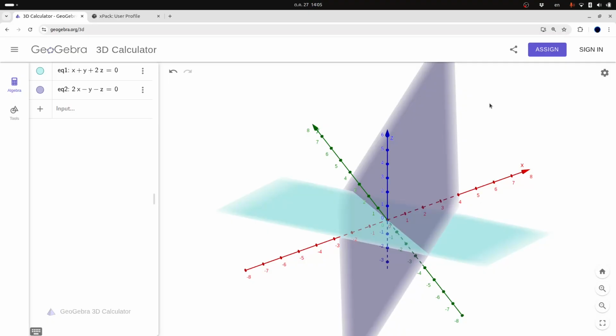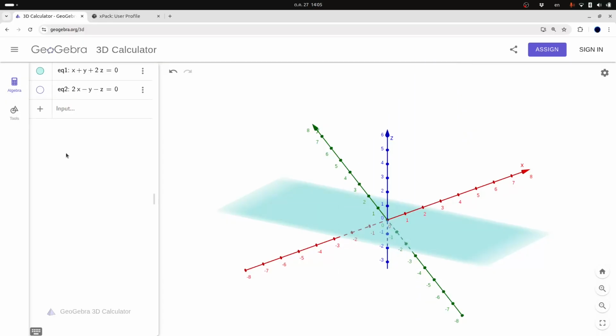The green plane. So I have two equations here. If I just hide the second, the first equation is x plus y plus 2z equals 0. The set of all solutions of this equation, the set of points that satisfy it, is shown as this green plane.